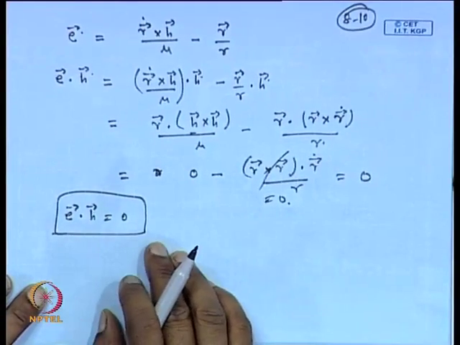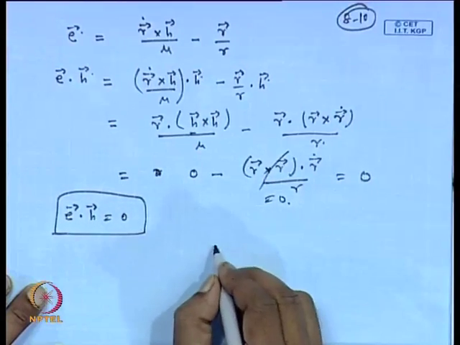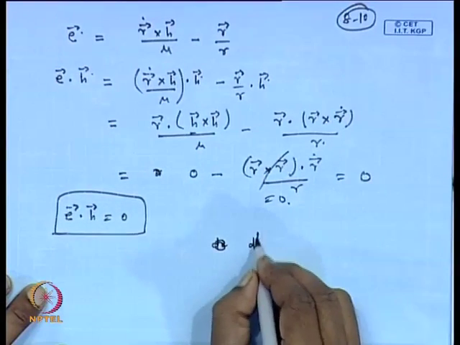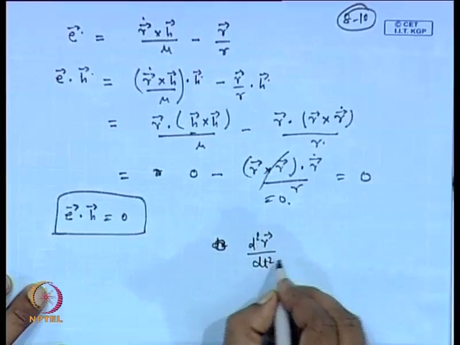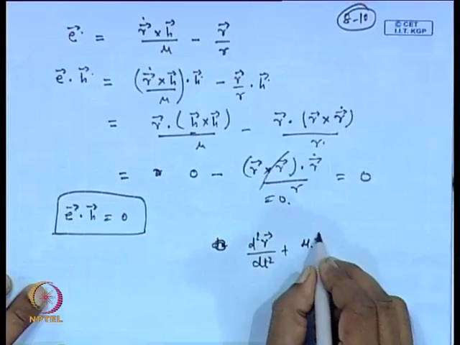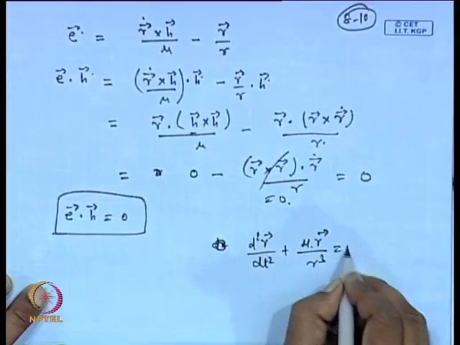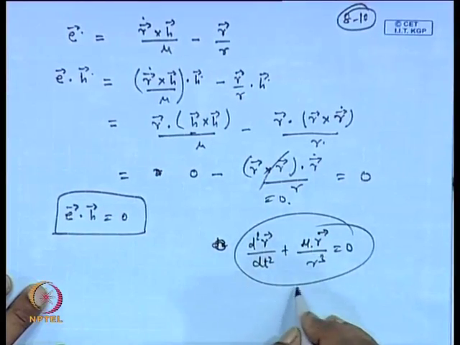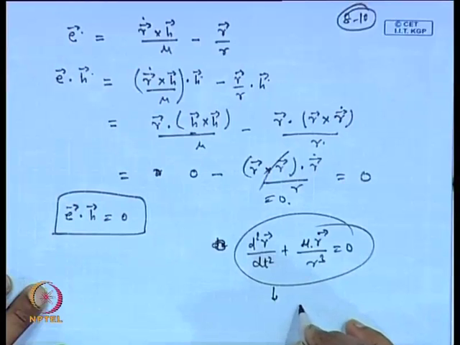So, while working with the equation d square r by dt square plus mu r by r cube equal to 0, we found in the process two integration constants, h and e. Okay.